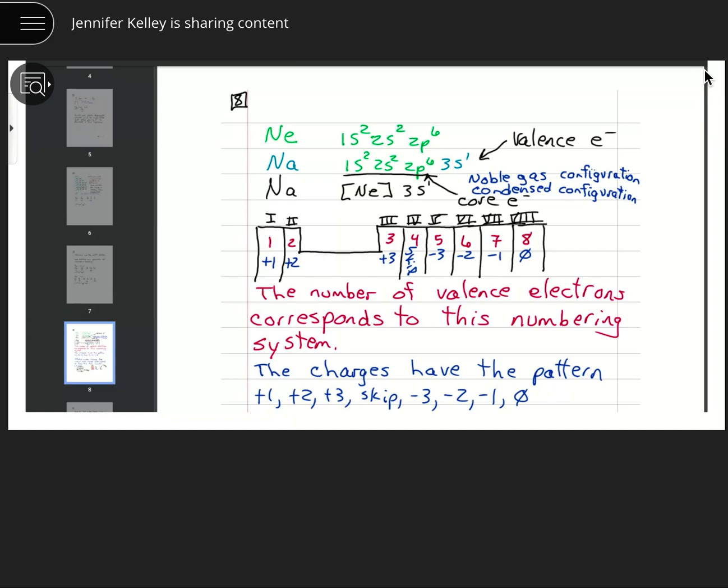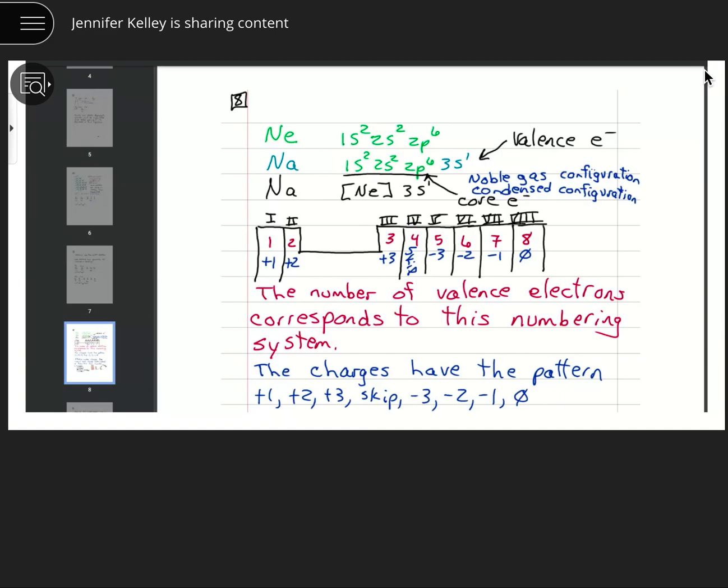The biggest number, you count up all of the things that have 3's on them, and then count how many electrons there are, and that's how many valence electrons there are. So sodium has the highest n level of 3. There's only one orbital with a 3, and so it's just one electron in that orbital, so that's one valence electron.